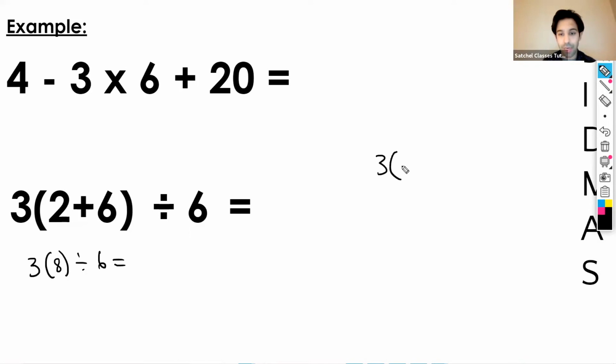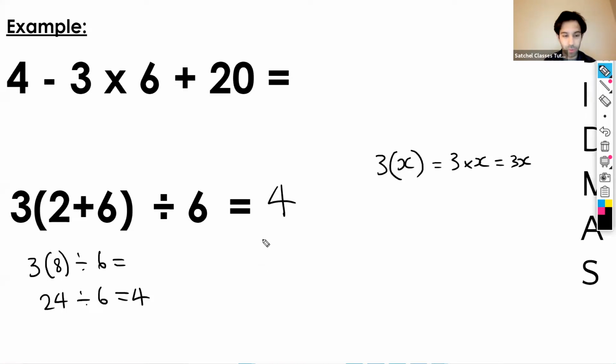Whenever we have a number next to a bracket, and let's say that number is x or y, or it could be any number, we have to multiply this bracket out, because if there's no symbol, no operation between the number and the bracket, this means we have a multiplication problem. So this is the same as 3 times x, which would give us 3x. Likewise here, we have 3 times 8, so that's going to be 24. And 24 divided by 6 is simply 4. So the answer to this problem is going to be 4.